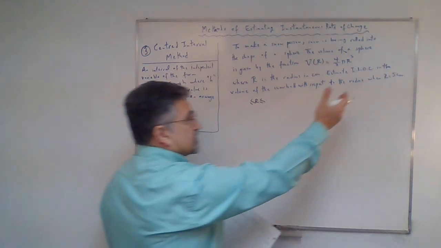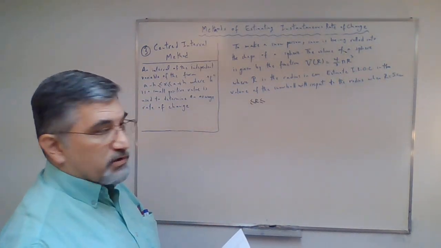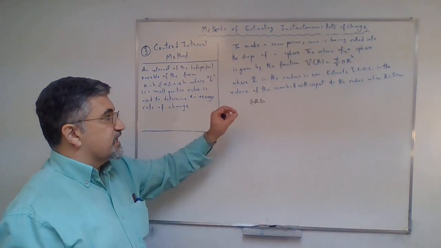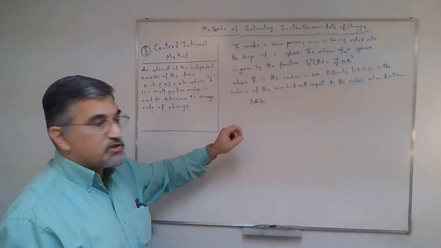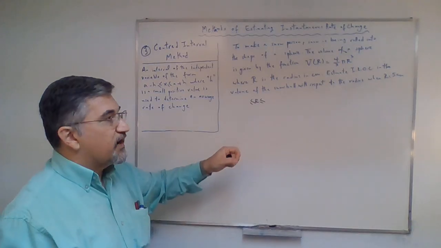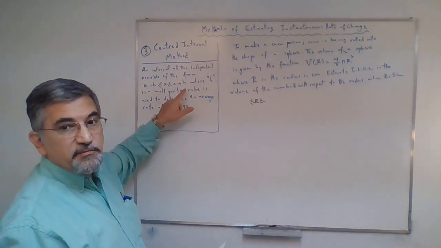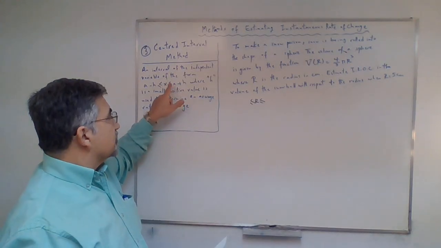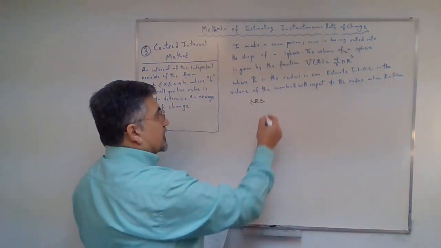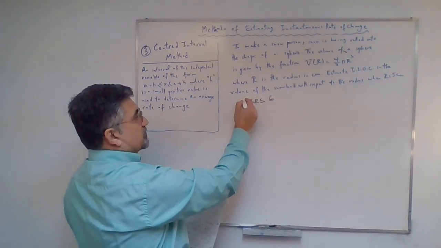What is a here? a is actually 5, because that is exactly where they want us to find the instantaneous rate of change, at r equals 5 centimeters. So I'm going to add an increment to that, maybe 1 unit. So 5 plus 1 becomes 6, and 5 minus 1 becomes 4.